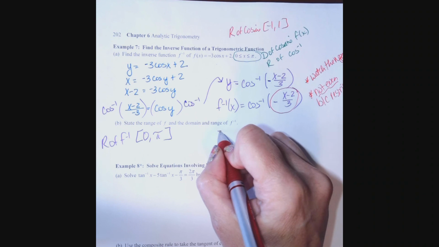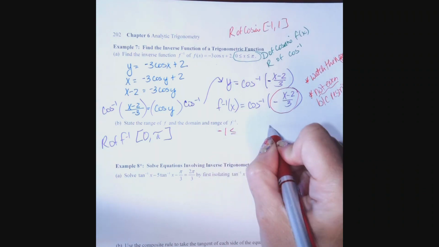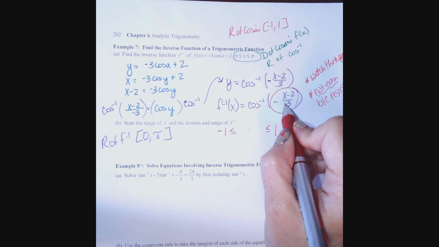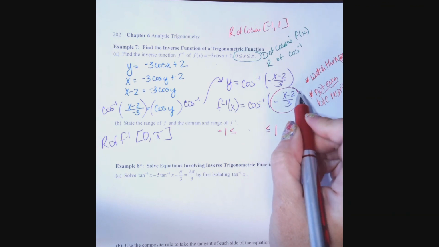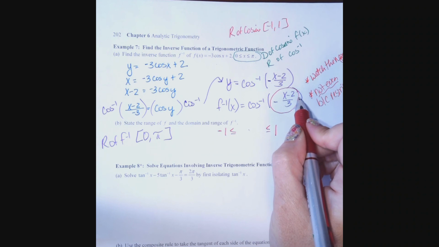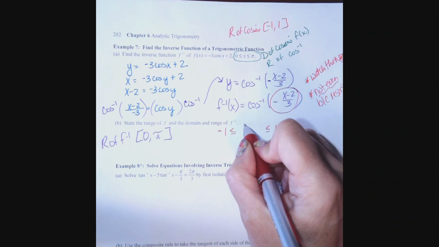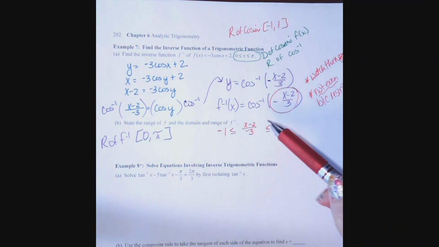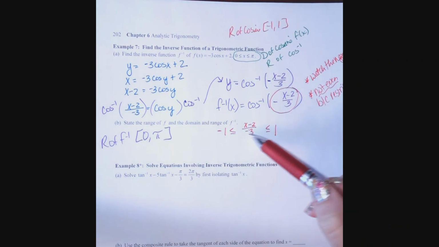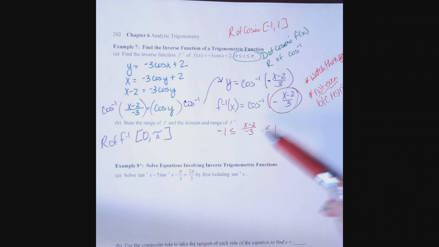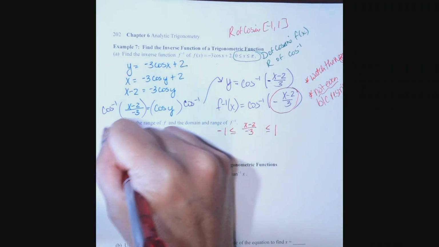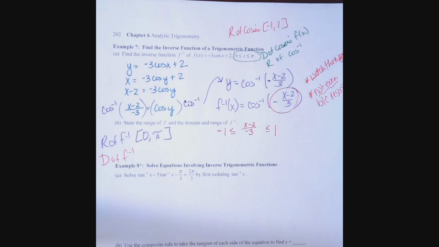So I start with that -1 to 1 business, but instead of x, now I have this (x minus 2) over that -3. We're going to go ahead and leave that negative in the bottom so that I can deal with it a little bit more efficiently. (x minus 2) over -3. So I want to solve this for x to get the domain of my cosine inverse.